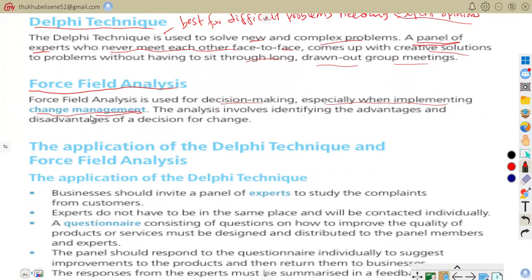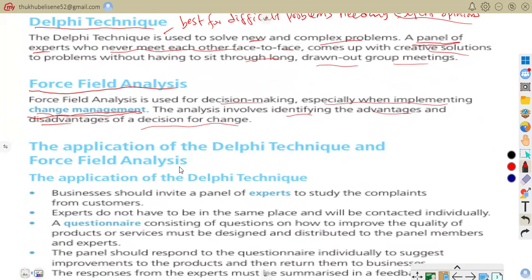Very important. Change management. The analysis involves identifying the advantages and disadvantages of a decision for change. So you're going to weigh up the advantages, we're going to look at the pros and cons of this change. Hope you're together on that.